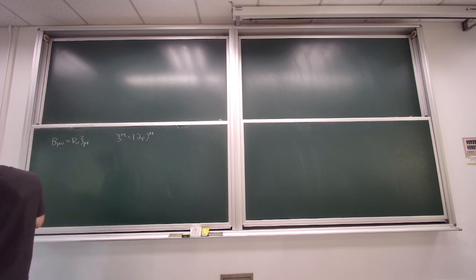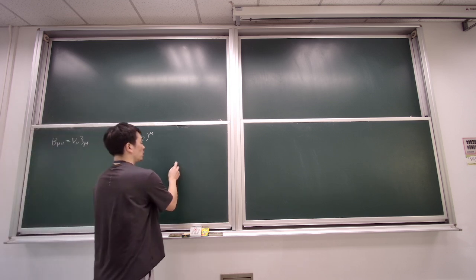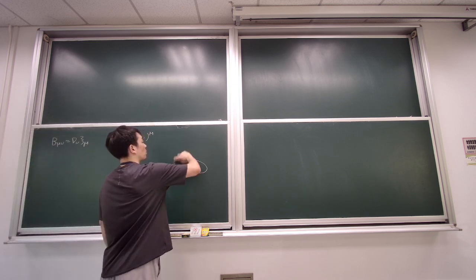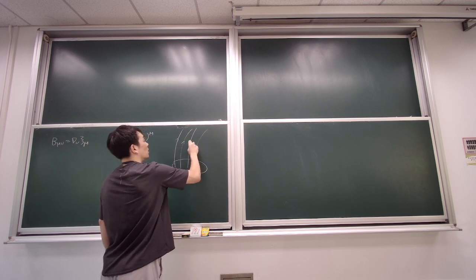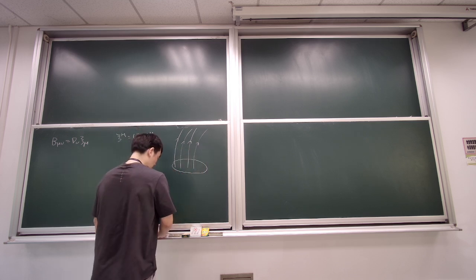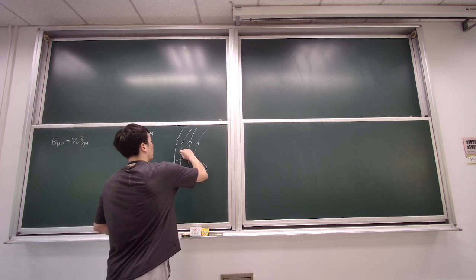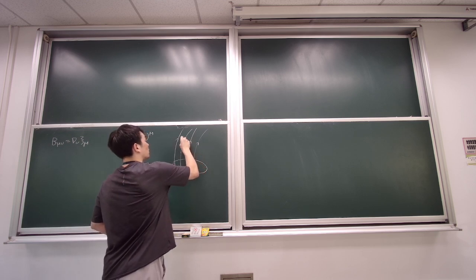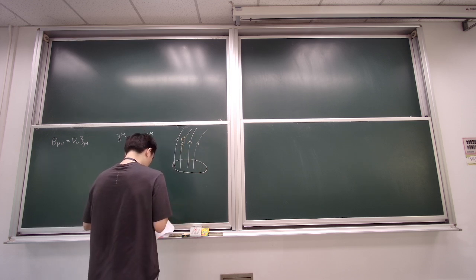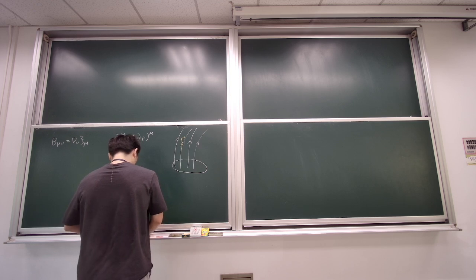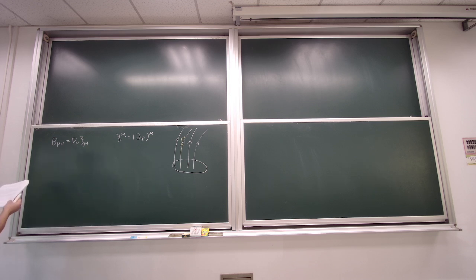So it's just to consider a geodesic congruence, or whatever timelike geodesic congruence, like this. And we just consider the tangent vector along these timelike geodesics. And then we consider the following things.